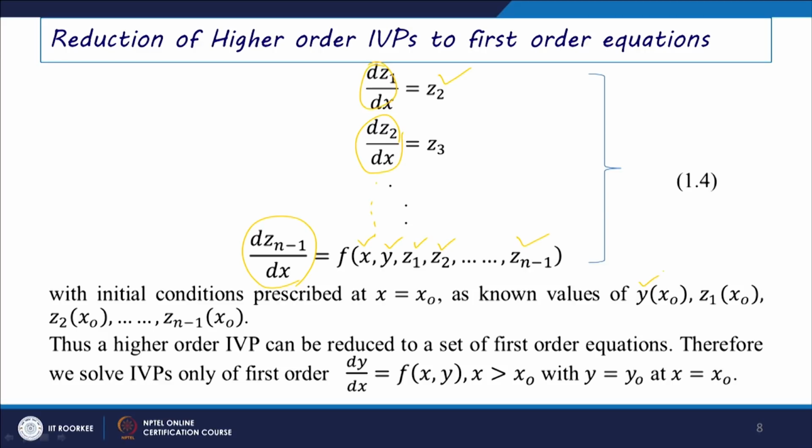Therefore, we can solve these initial value problems of first order, in the form dy by dx equals f of x, y, where x is greater than x0 with y equals y0 at x equals x0.